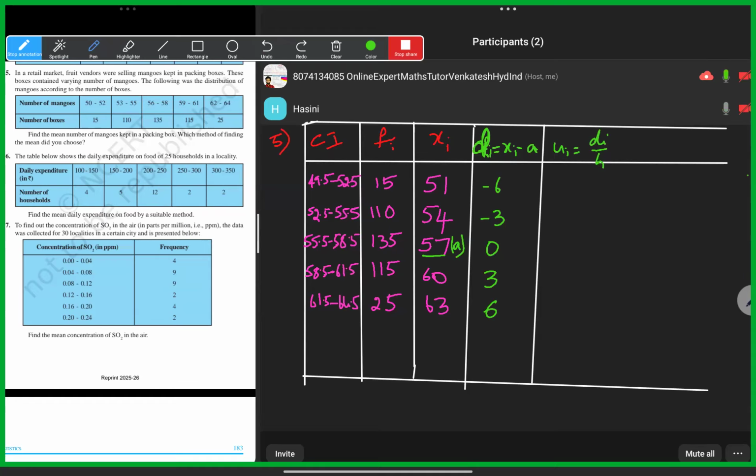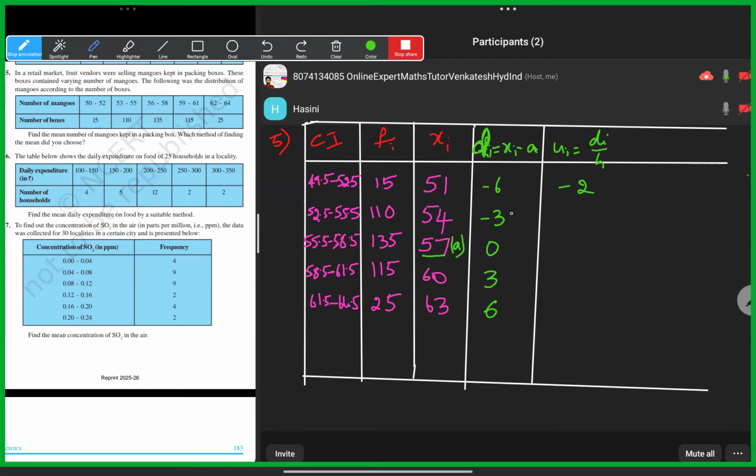So what will we get? UI is equal to DI by H. Minus 6 by 3 is minus 2. Minus 3 by 3 is minus 1.